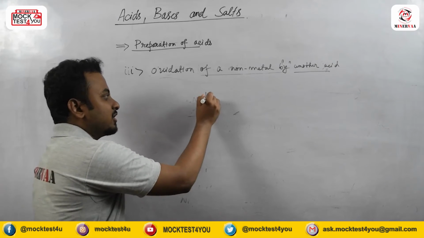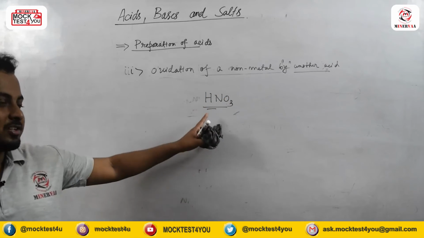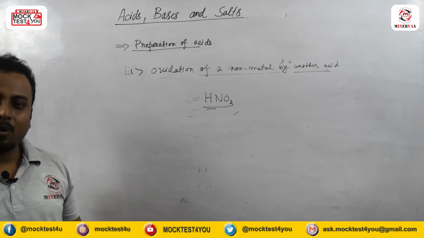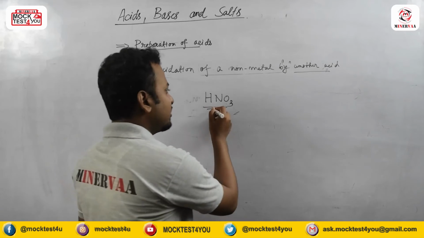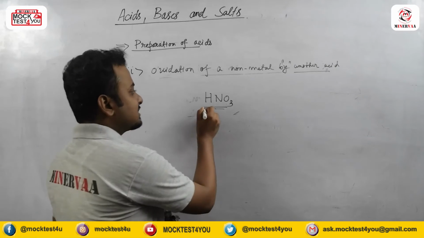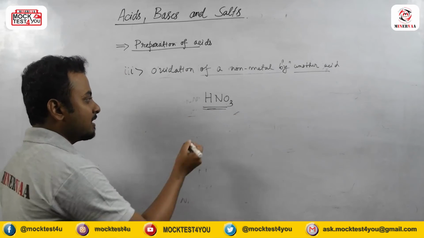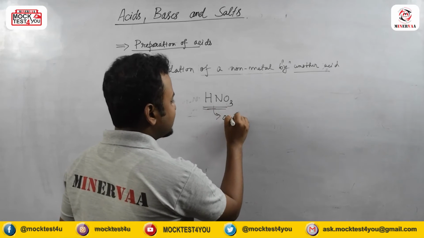HNO3 is an acid, but it is also a very strong oxidizing agent. What is an oxidizing agent? We already know that it helps to oxidize another species or another molecule. So it behaves as an oxidizing agent.